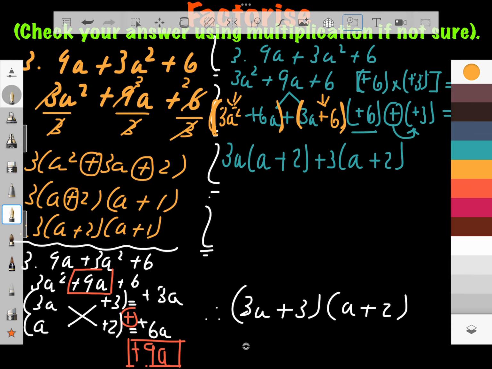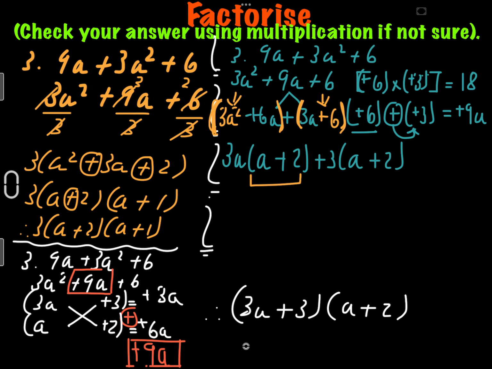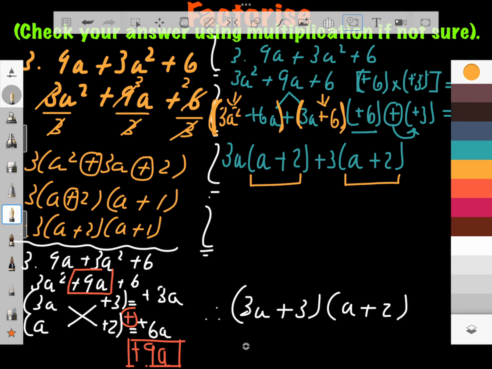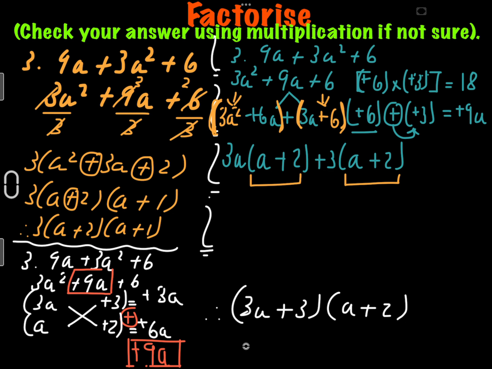Notice we have same identities now, same expressions. So now in this case, we just need to group these. So we have 3a plus 3. There they are, 3a plus 3.